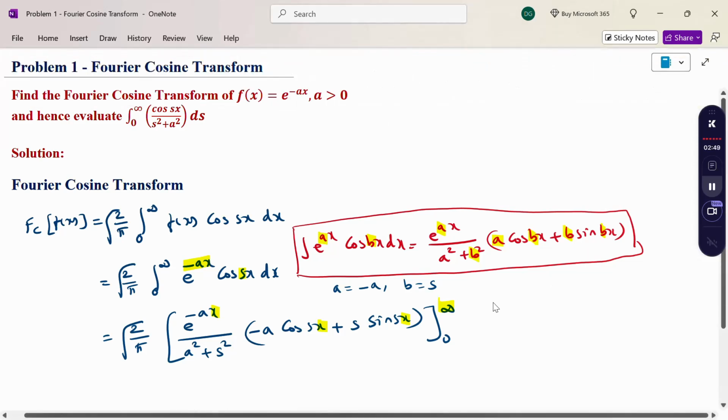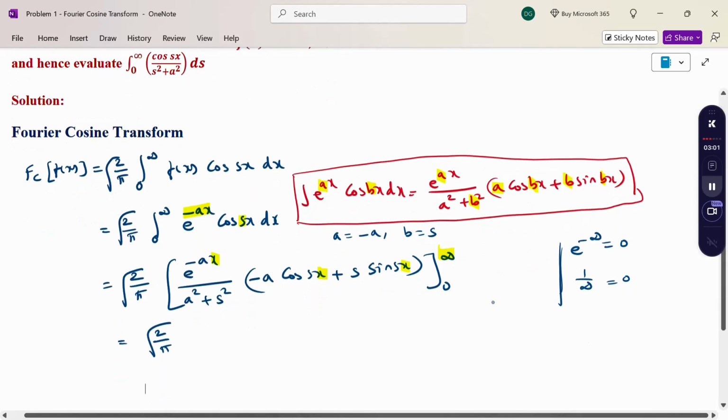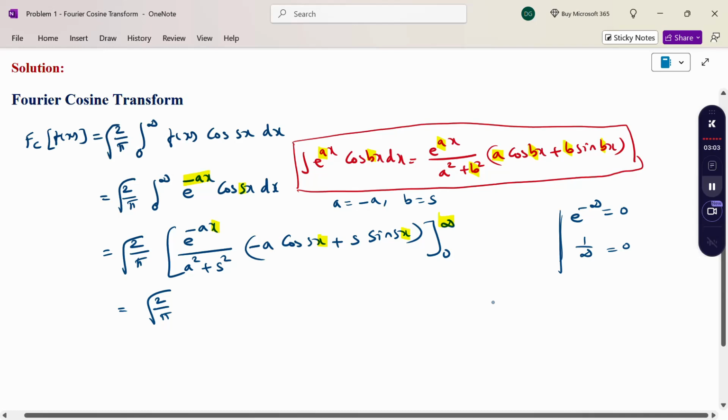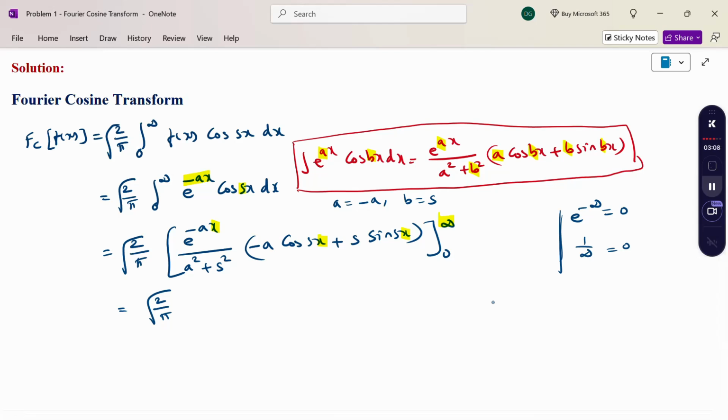Therefore only e power minus infinity matters, which is 0, and 0 into any term is 0. So don't substitute infinity in the other terms; just consider e power minus infinity as 0.